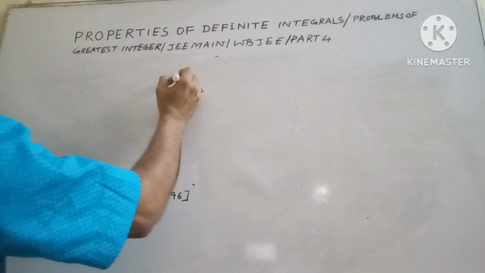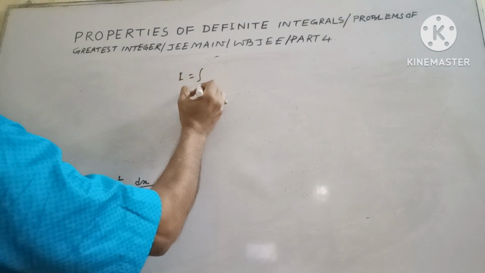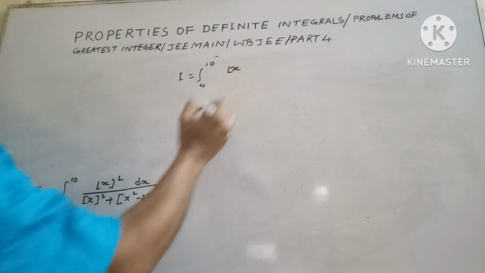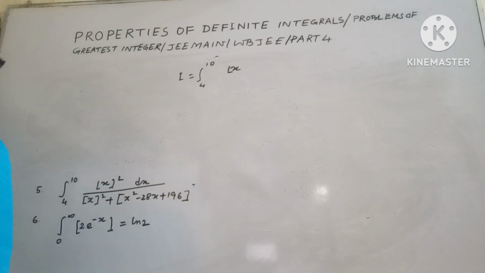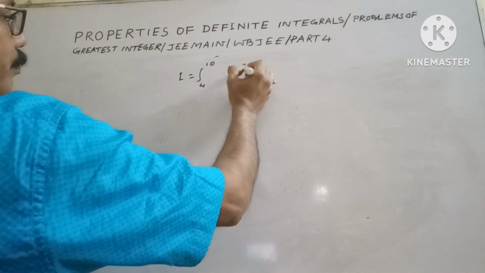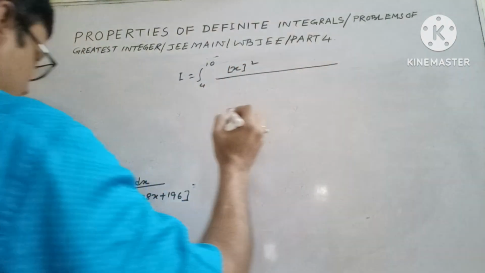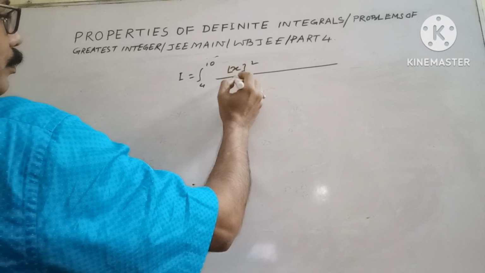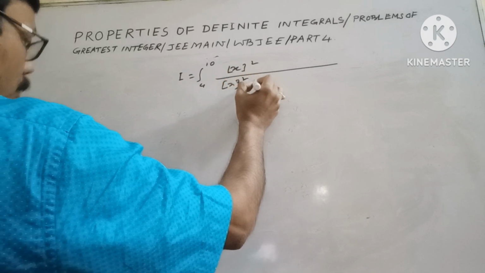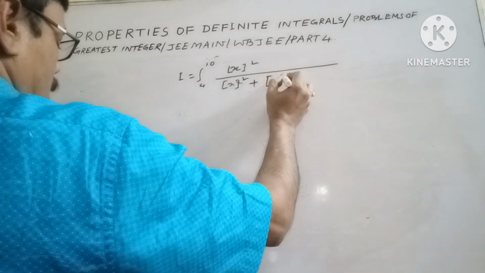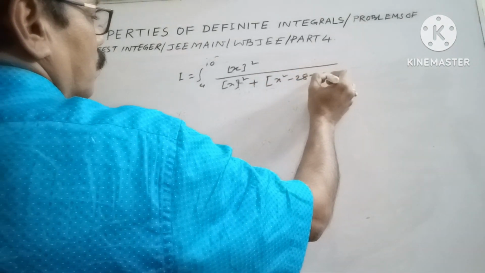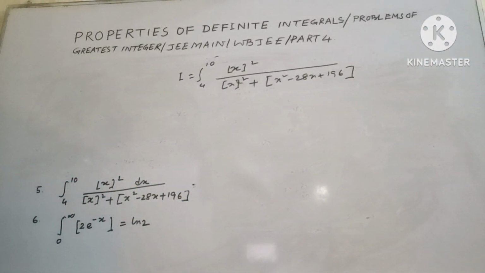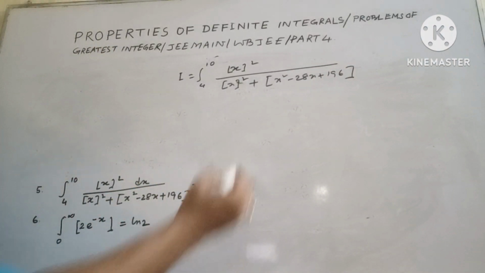So look, this is I, 4 to 10, third bracket x square over x square minus 28x plus 196 dx.